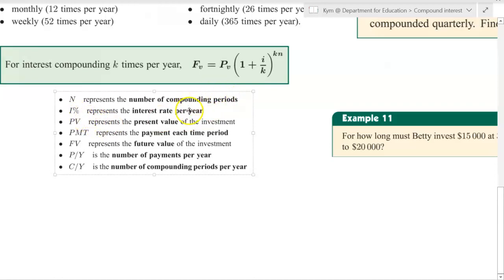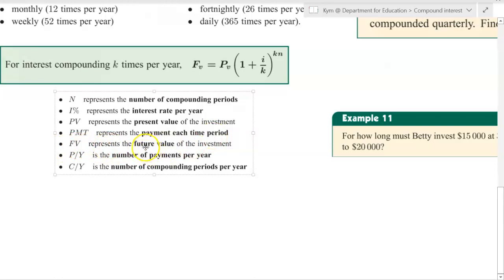The interest rate will, again, remain the same when you're putting it on the graphics calculator. Just put in the interest rate as a percentage as they give it to you in the question. PV is, remember, the initial principal that you invest or borrow, or PV stands for present value. PMT, again, we won't be using in this video, but we will be looking at it next video. In the next video, we're looking at the future value of annuities.